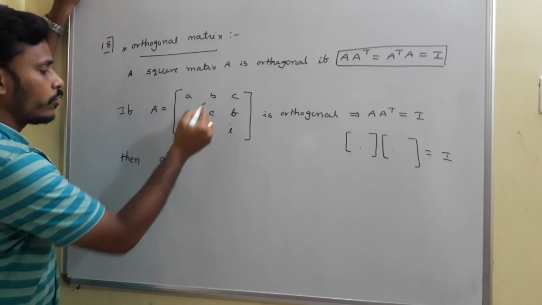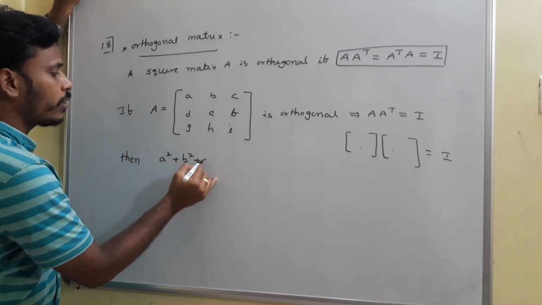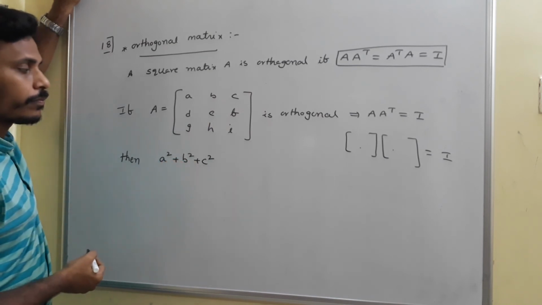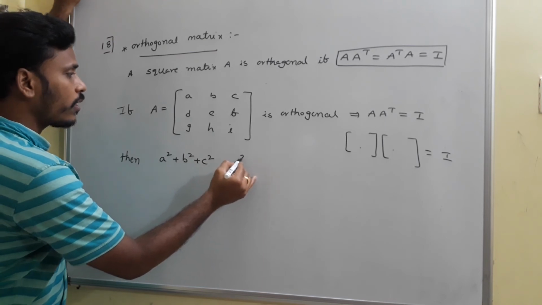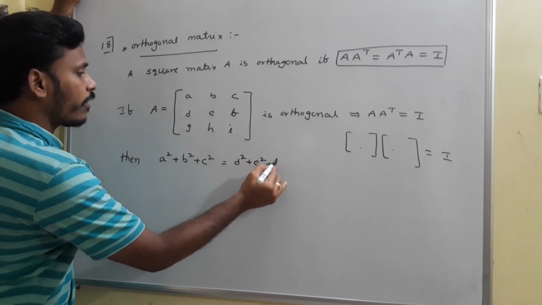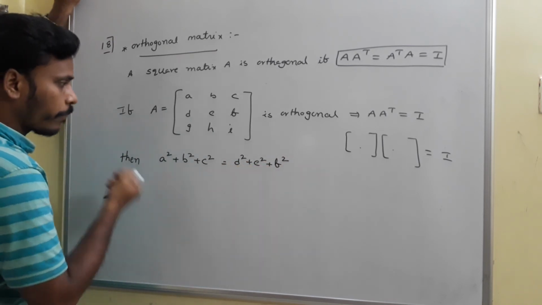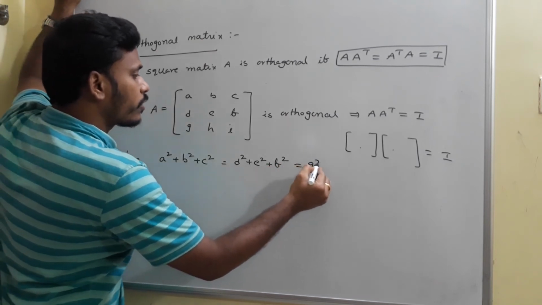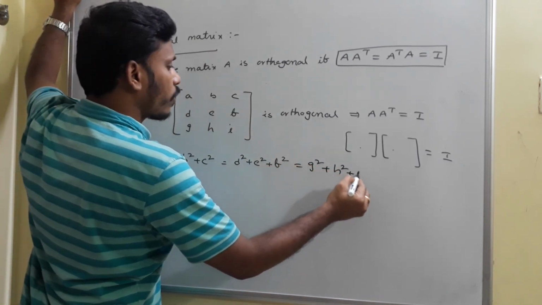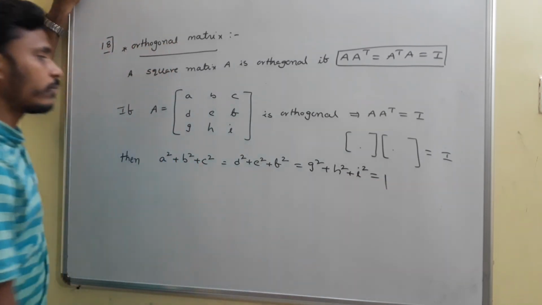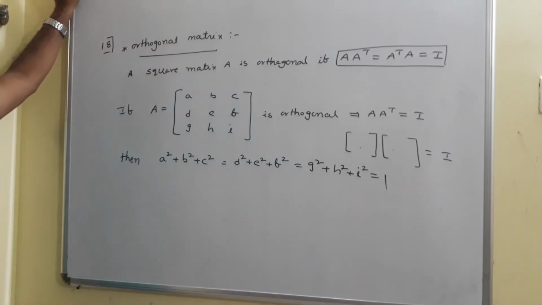any row, as I mentioned, A square plus B square plus C square is equal to D square plus E square plus F square is equal to G square plus H square plus I square is equal to 1. Is it right?